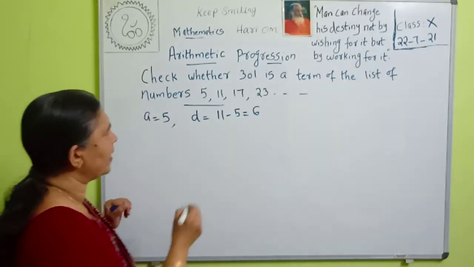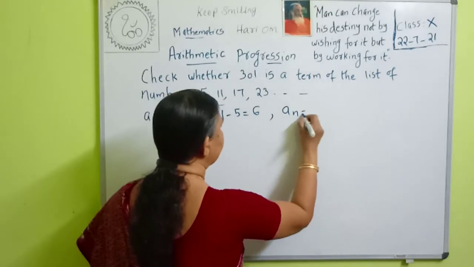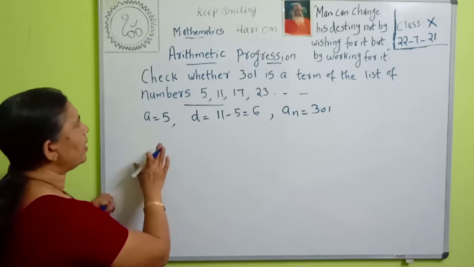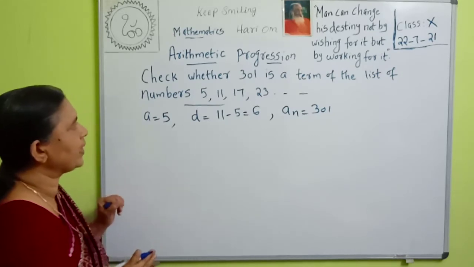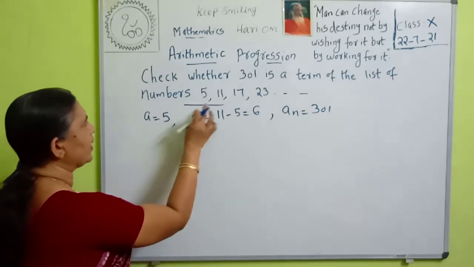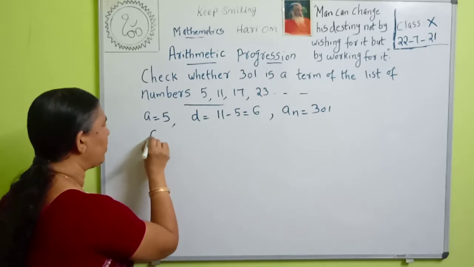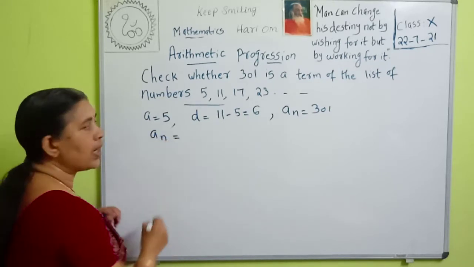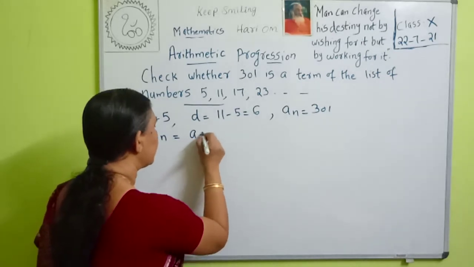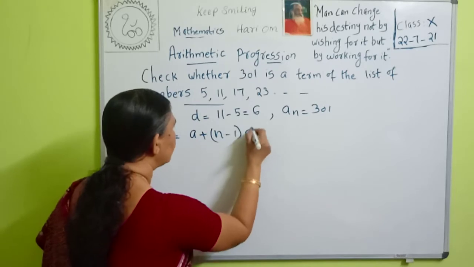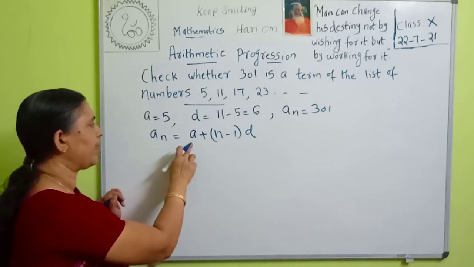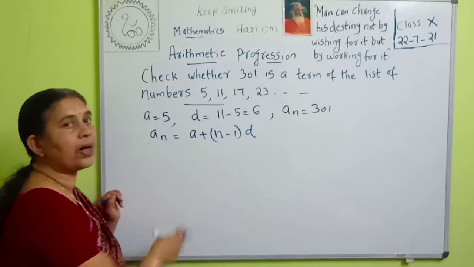Then what is an? The nth term of the AP, an is equal to 301. We are asked to check whether 301 is a term of the AP, list of numbers 5, 11, 17, 23, etc. Then what is the formula to find the nth term of an AP? an is equal to a plus n minus 1 into d, where a is the first term, n is the number of terms and d is the common difference.